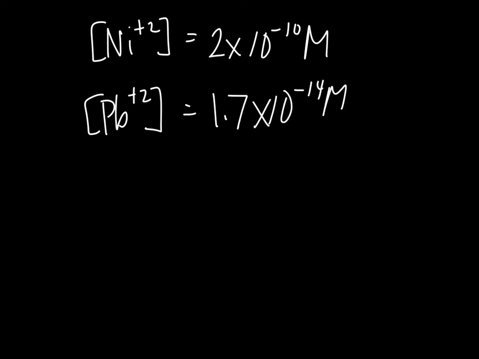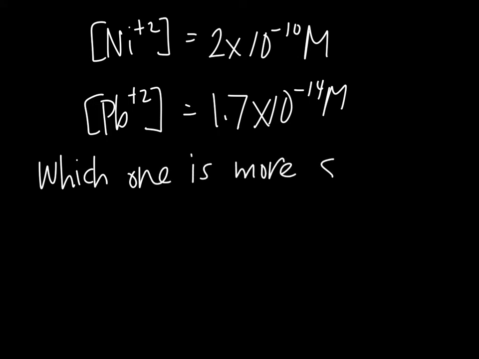All right, so now here is a question relating to both of those. Which one is more soluble? Okay, so which one dissolves more in water? The nickel compound or the lead compound?